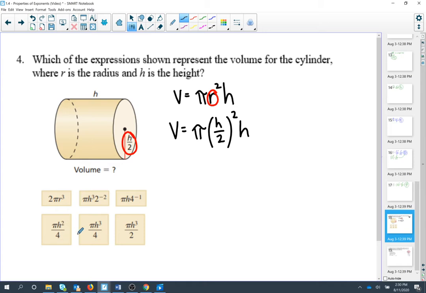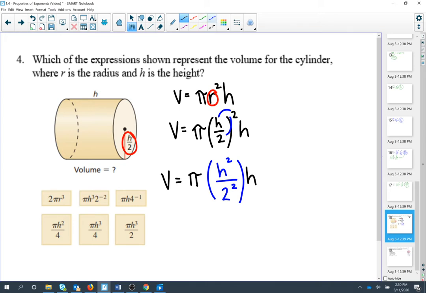I don't think we've got anything right now that I would just identify, so I'm going to go from here and see what happens. If I use my properties of exponents, I have h over 2 squared, which means I can rewrite this as h squared over 2 squared because I distribute my power. Then we're still going to have h, we're still going to have pi, and that is still equal to the volume.